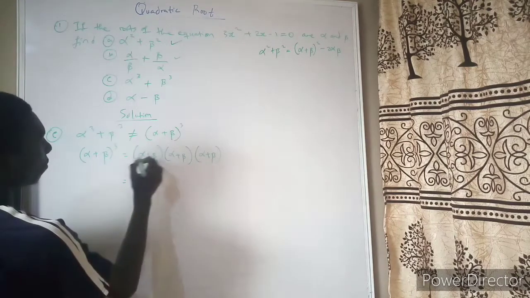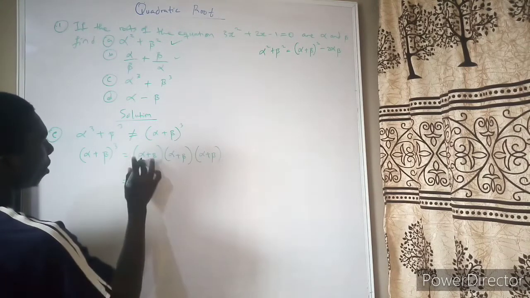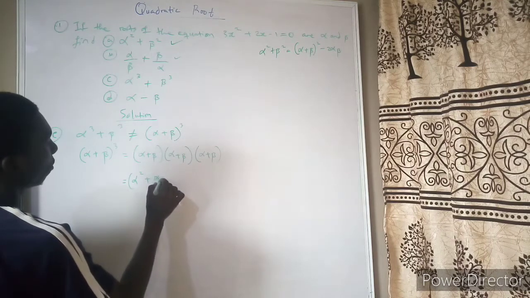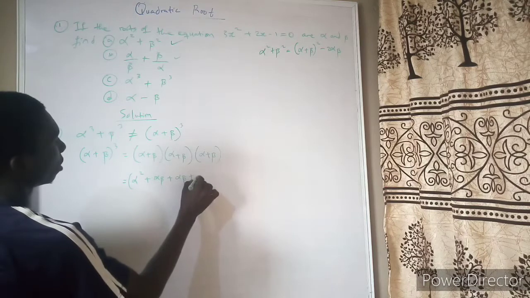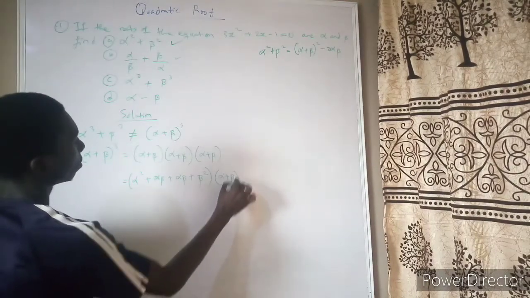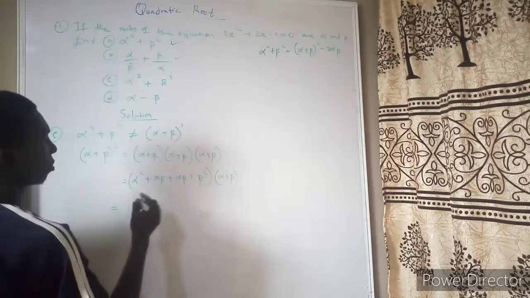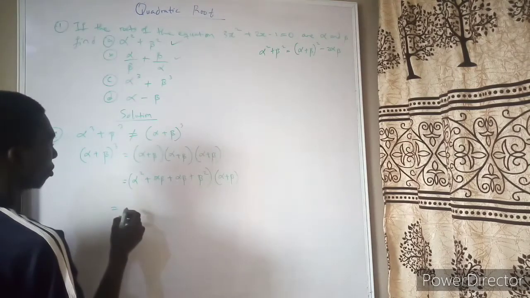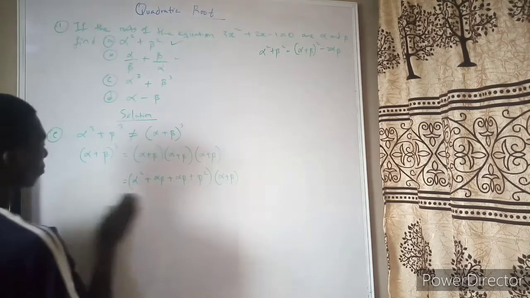So now, alpha times alpha, I'll be having alpha squared, plus alpha times beta, alpha beta, beta times alpha, alpha beta, beta times beta, beta squared. Now times this. I like you to follow me diligently. So let me open the next one. Alpha squared times alpha, I have alpha cube.